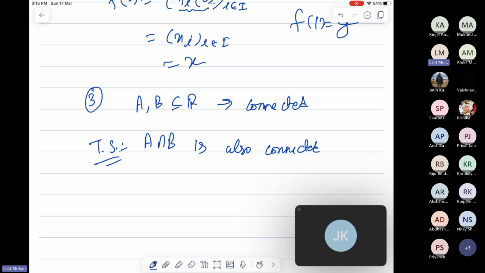So first, you know that there is something special about connected subsets of R. What type of subsets are connected in R? You know something like this? Yes or no?